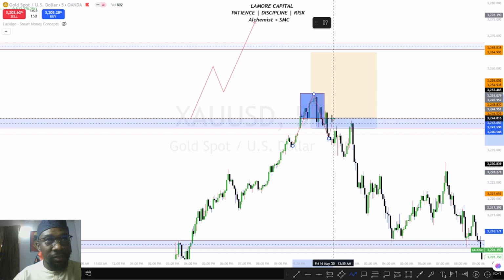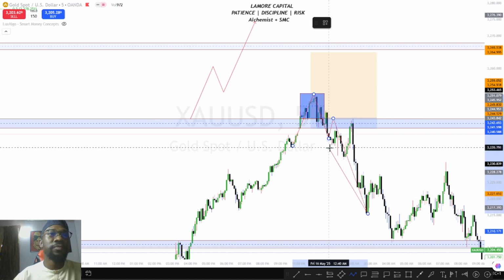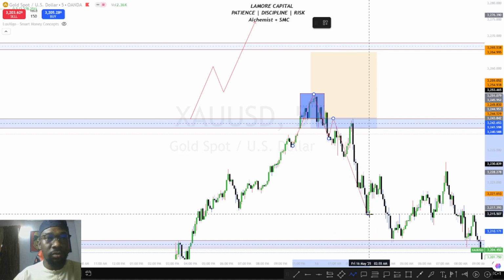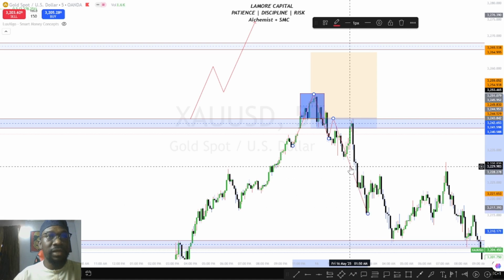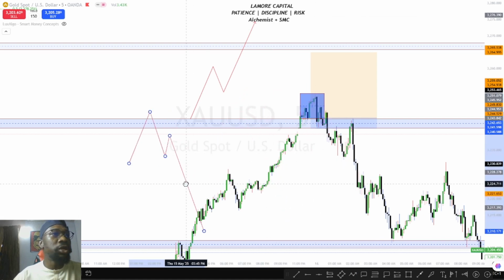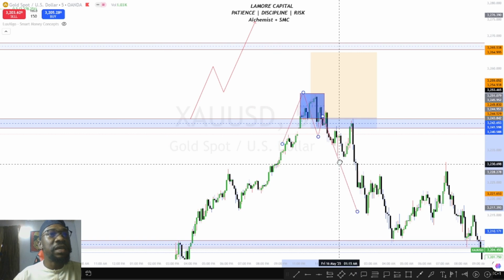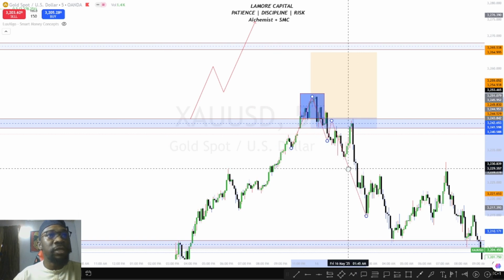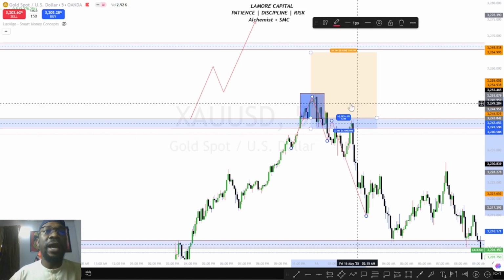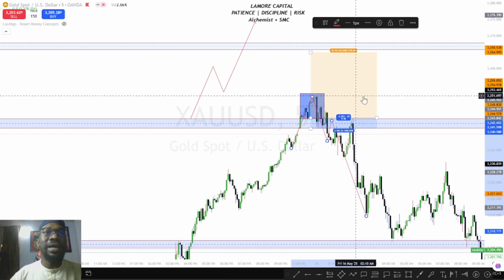Retest. Can you see the retest here? Retest and started coming down. Can you see the manipulation? So that is how they actually manipulated people into these markets with this particular key level. Manipulation, retest, and distribution. Irrespective, I actually got an SL here.